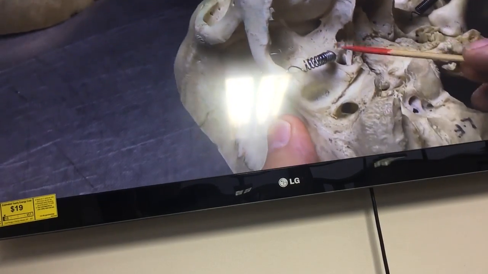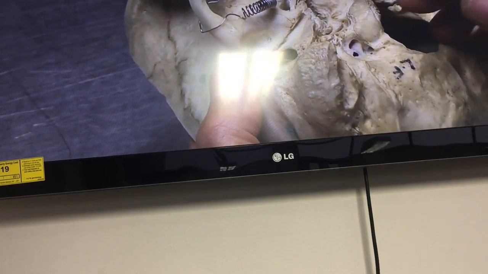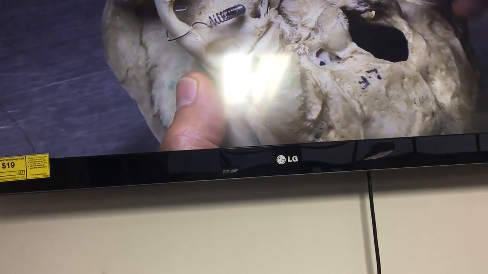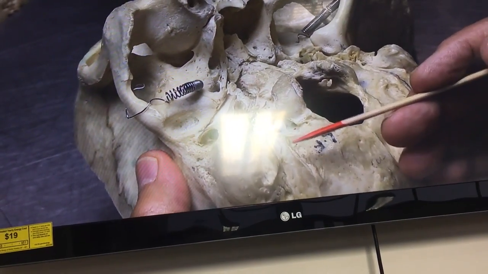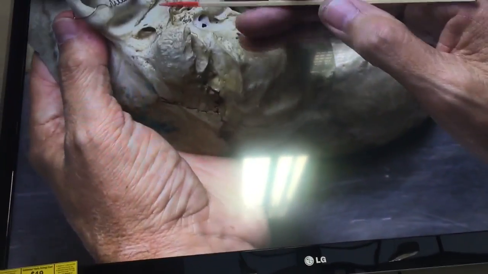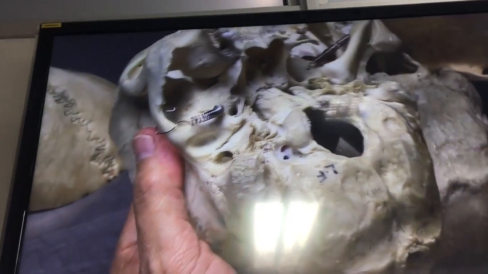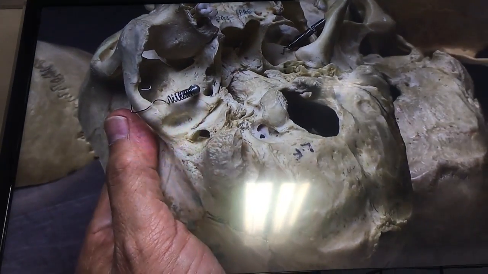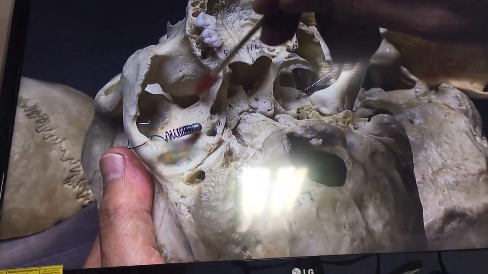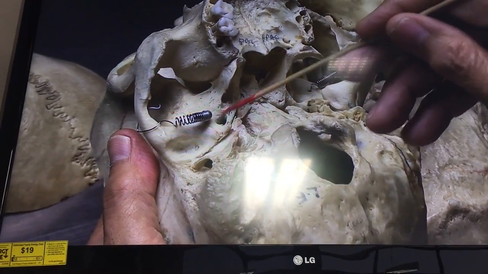And the junction of the greater wing of the sphenoid and the body of the sphenoid is going to have these two plates coming down. This is the lateral pterygoid plate and the medial pterygoid plate. Now, this area is the infratemporal fossa. The infratemporal fossa runs from the posterior part of the maxilla back here to the styloid process with its sheath.